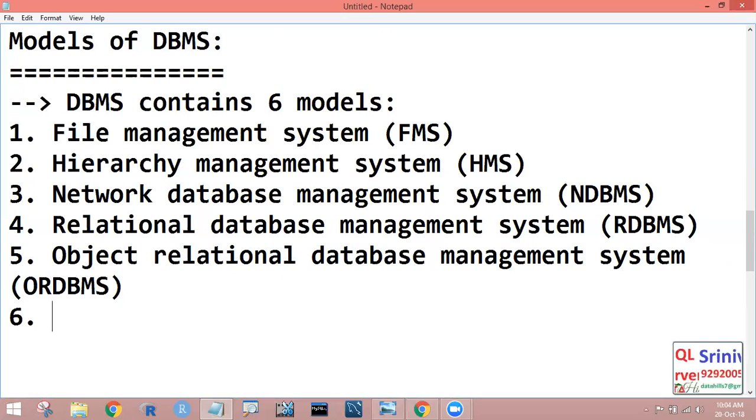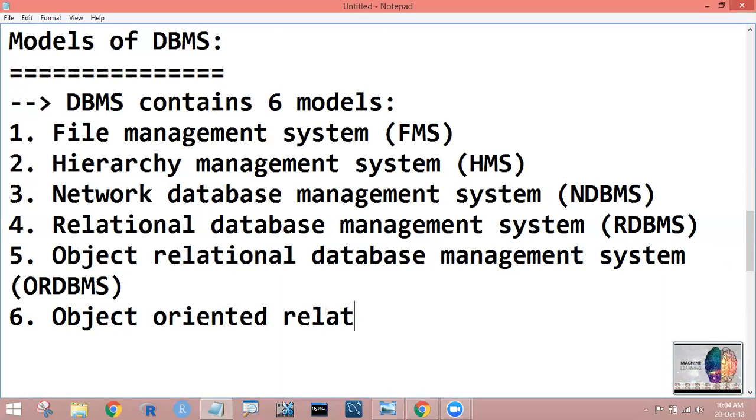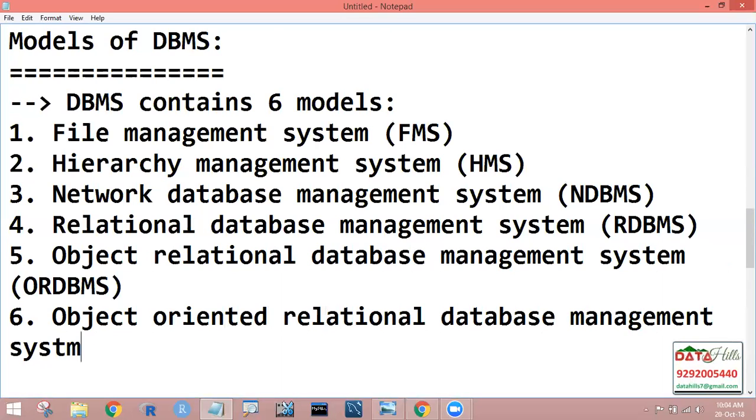And the last, sixth one is object oriented relational database management system, that is OORDBMS. Okay, these are the 6 models that we have in database management system. Now let us discuss one by one.